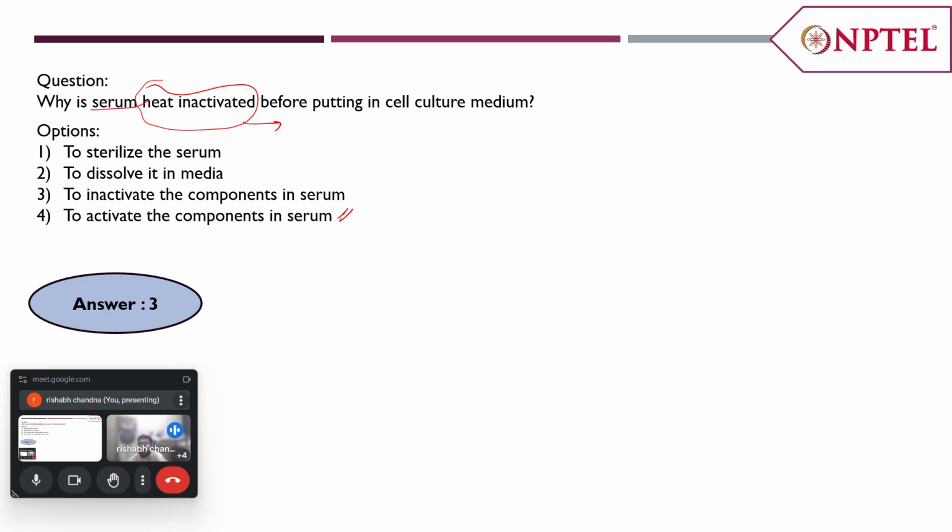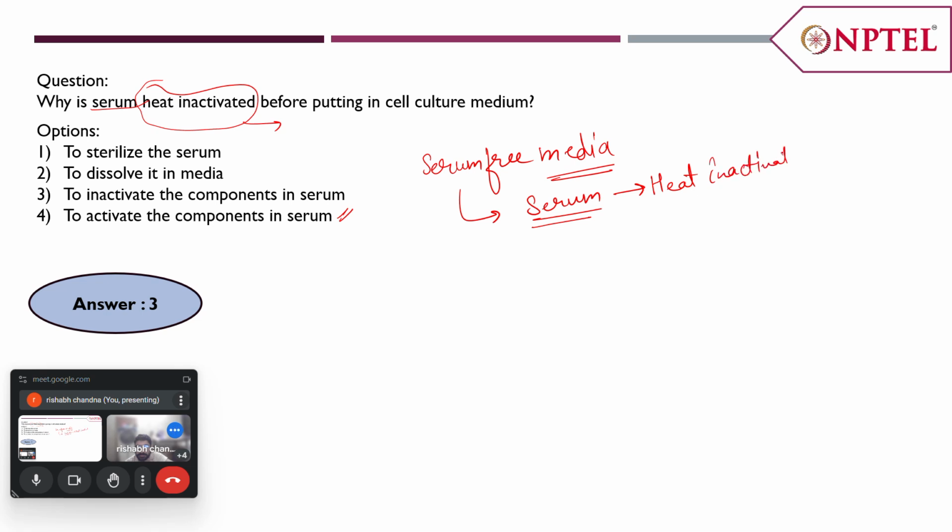Okay. So what happens sometimes whenever we need a serum free media? Okay. So in that case, what we do is we use the serum and heat inactivate it. Okay, sorry, not in case of serum free media.